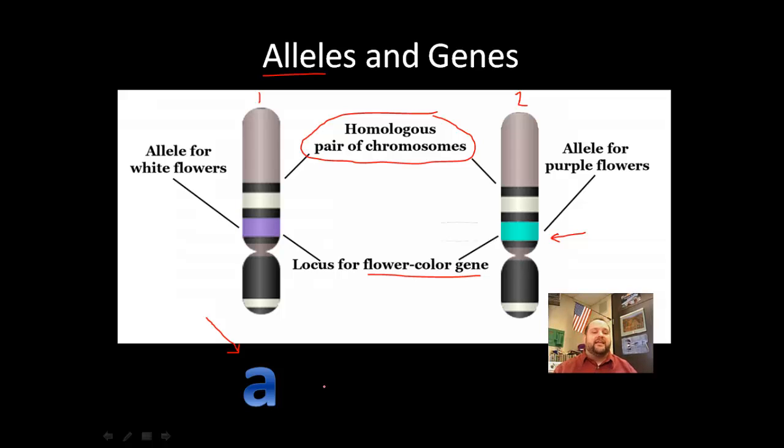What matters is the case is correct. So white flowers, which is recessive, gets the lowercase allele. This gene over here, purple flowers, is dominant, so it gets the uppercase allele, or the capital letter. So this is what the genes for this plant look like for flower color. They have one lowercase allele and one uppercase allele. So that's what their genes look like.